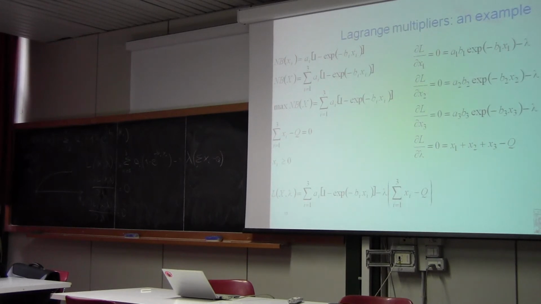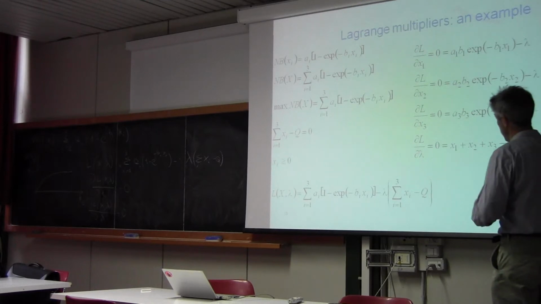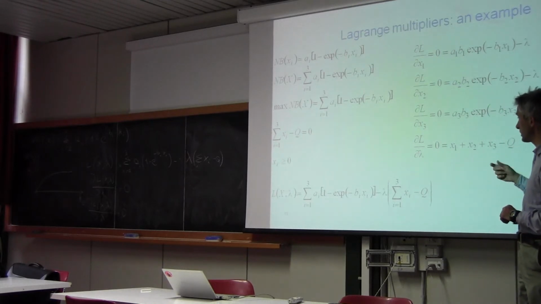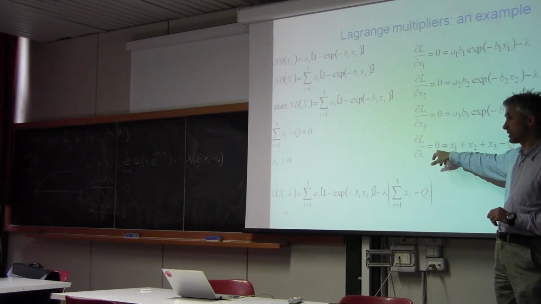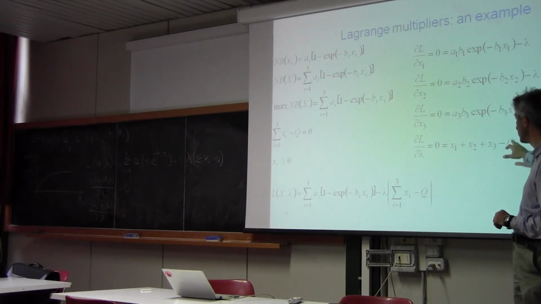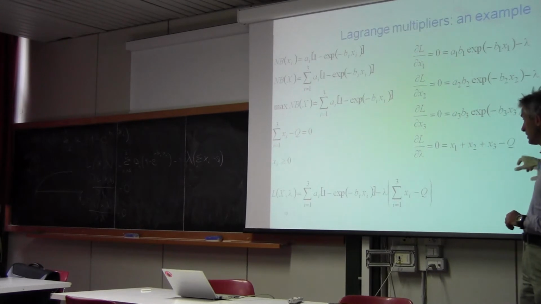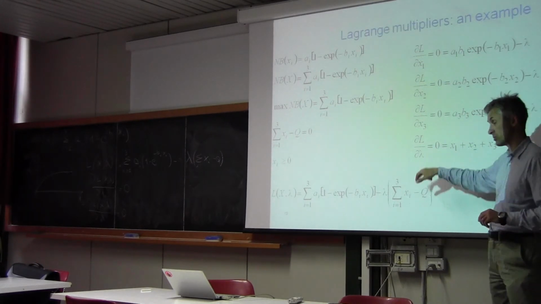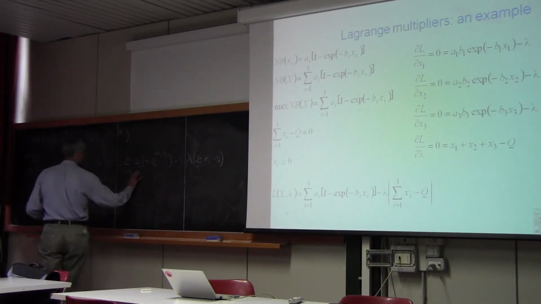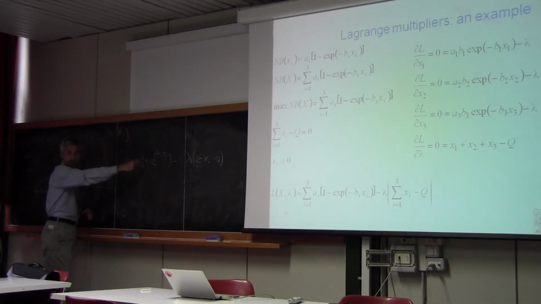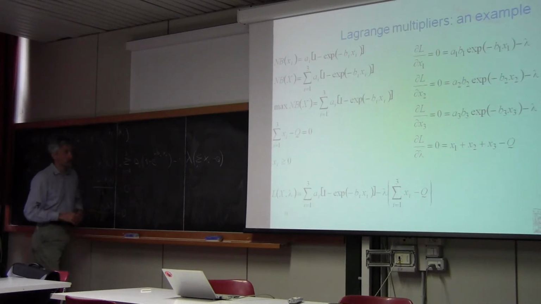Because, first of all, let me emphasize that when you compute the partial derivative with respect to lambda and equate it to 0, you get again the constraint. If you look at the Lagrangian, lambda doesn't appear in the first term, so it disappears when you compute the derivative.